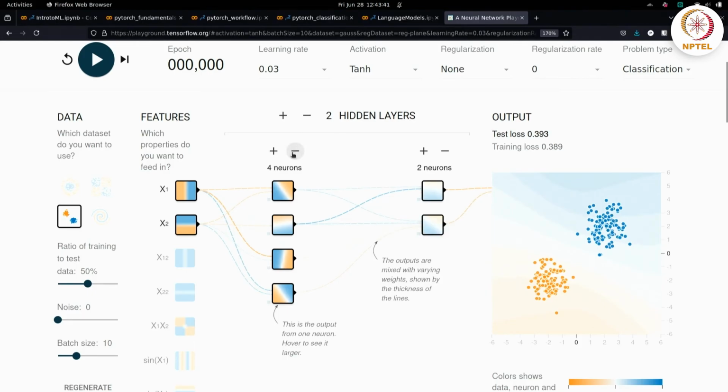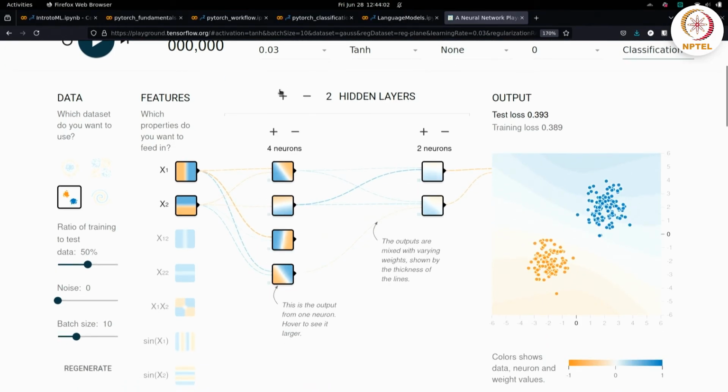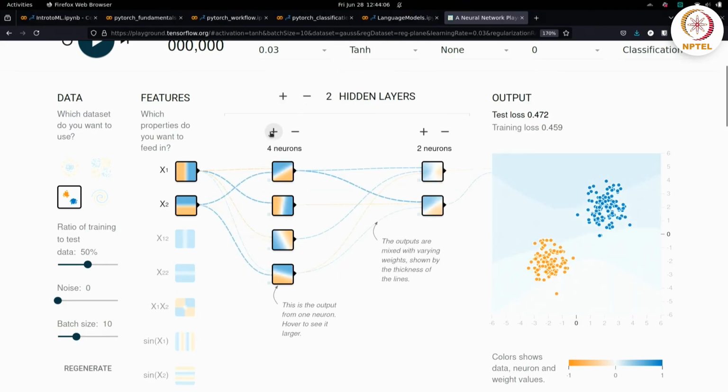And there are certain other parameters associated with it, where the learning rate could be varied. You have some activation functions which are introducing some non-linearity and some other parameters, and the problem that we are doing is a classification problem. By changing these neural architectures, you can add as many layers as you want. You can increase the depth of a particular layer.